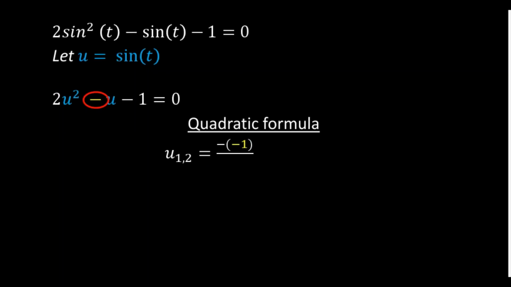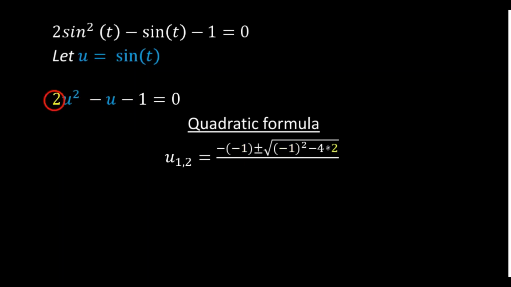So we'll have minus negative 1 plus minus square root of b squared, which is negative 1 squared, minus 4 times a, so times the number standing in front of u squared, which is 2, and times c. C, that's the free constant, which is negative 1, over 2a. So over 2 times the number standing in front of u squared.